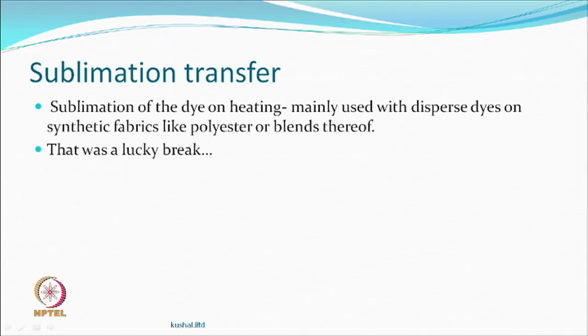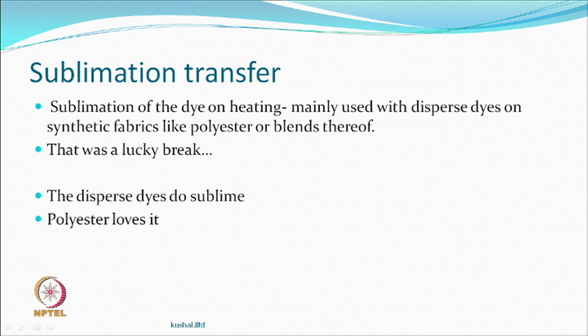A lucky break we will call it: the disperse dye sublimes, that is understood, and polyester is open at a temperature where the sublimation takes place. What it means is that at, let us say, 200 degrees centigrade or 190 degrees centigrade, the polyester segments' mobility is very high, the pores are open, vibrations are good enough, and the diffusion can take place.